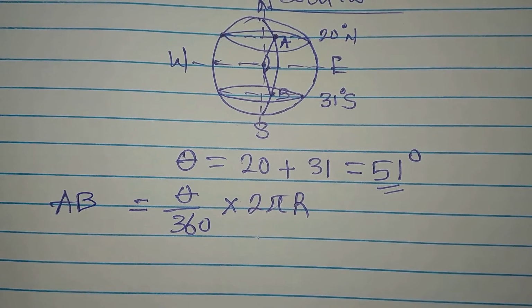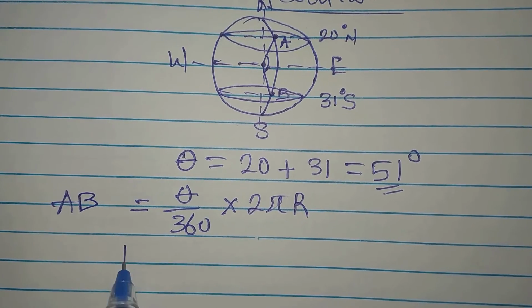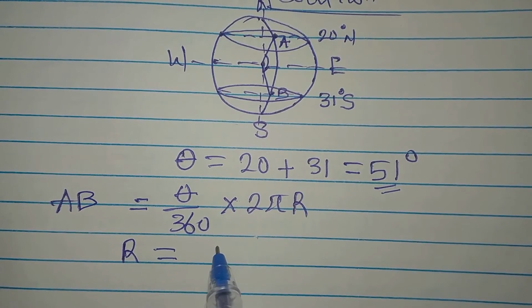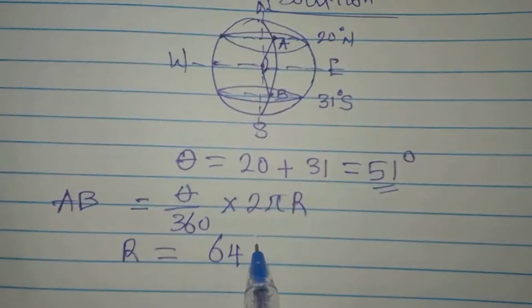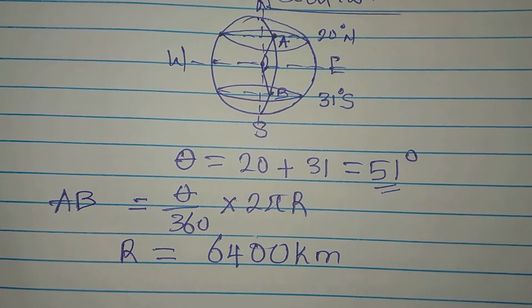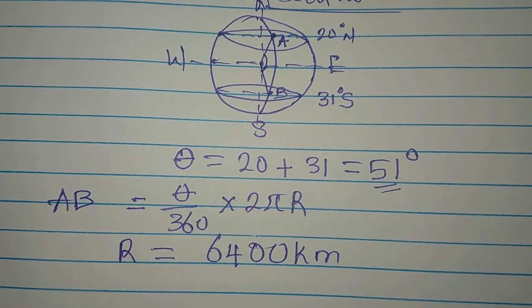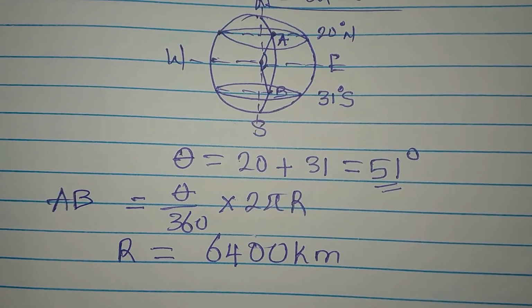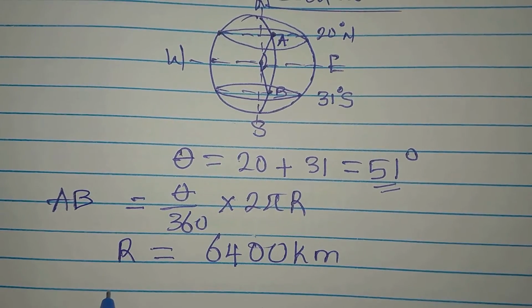What again do we have to do? Know what your radius is. This radius is the radius of the earth, and it's approximately 6,400 kilometer. That is our radius. Now we can get the distance between A and B. So let's go.